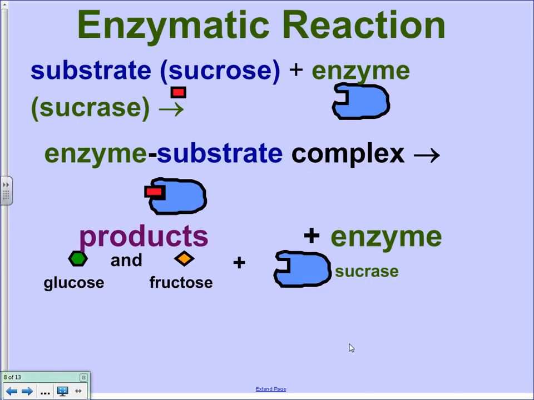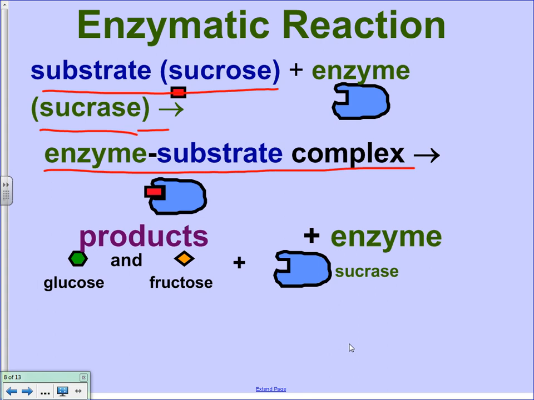If we look at an enzymatic reaction, we have our substrate, and we're going to use sucrose as an example. It could be lactose, could be maltose, could be any other molecule in our body. We have the enzyme, which in this case for sucrose is sucrase. When those two interact, they create what's called the enzyme substrate complex.